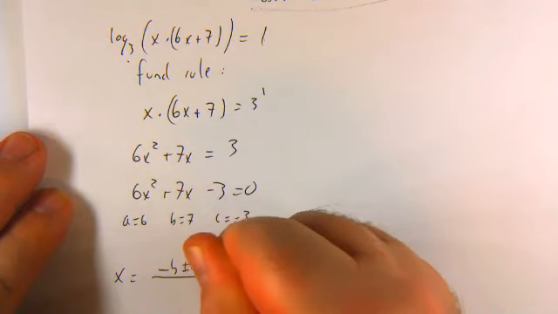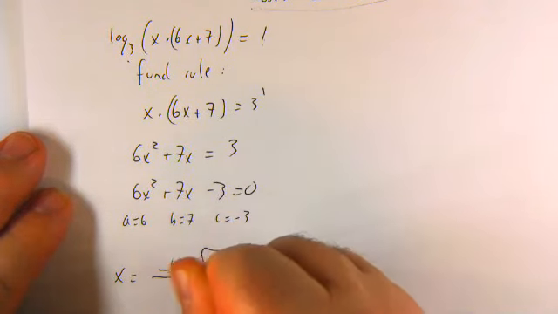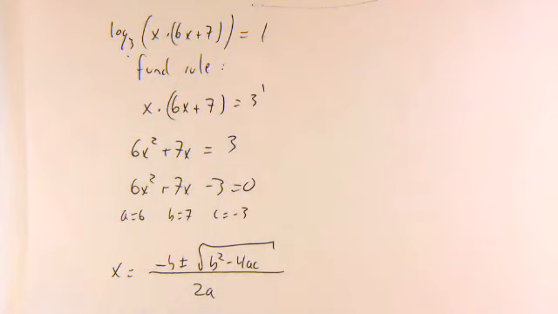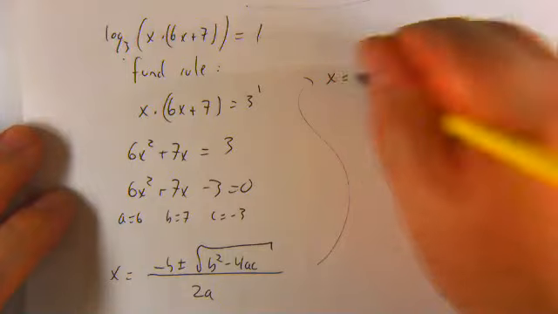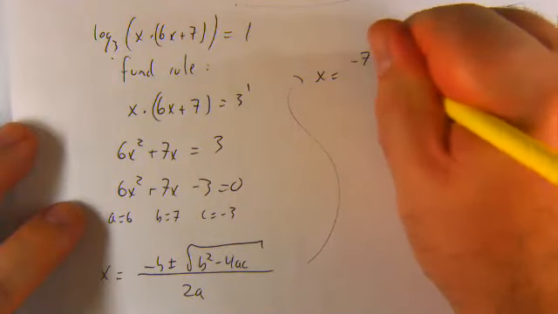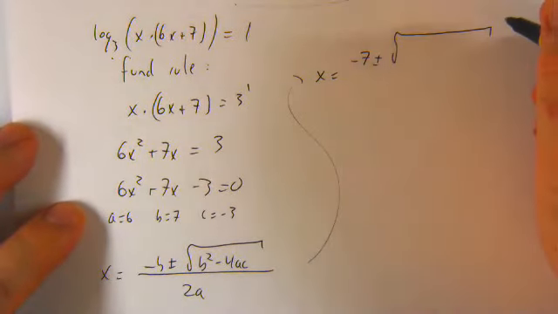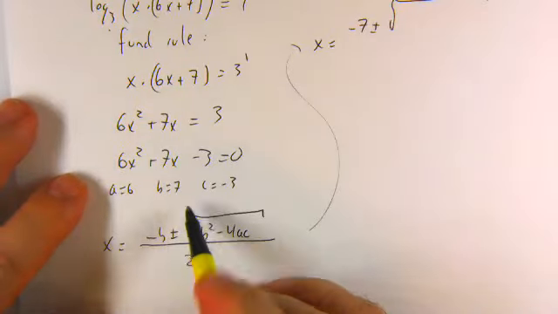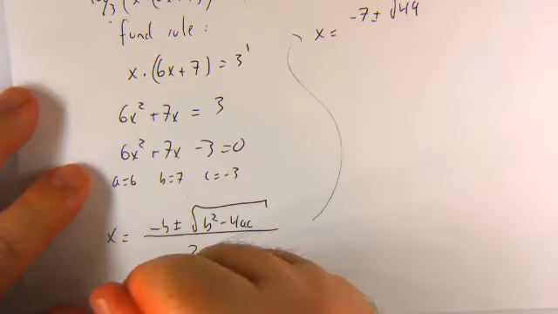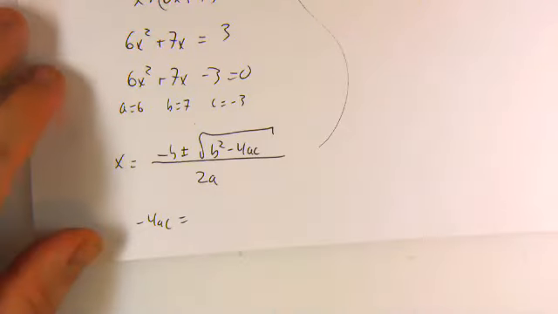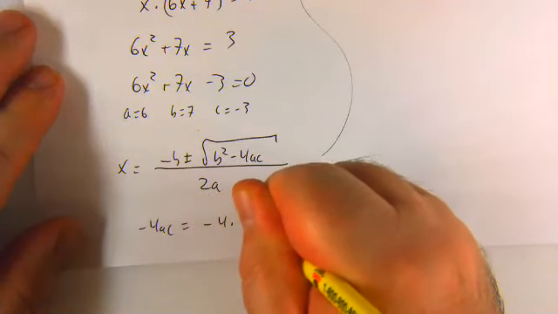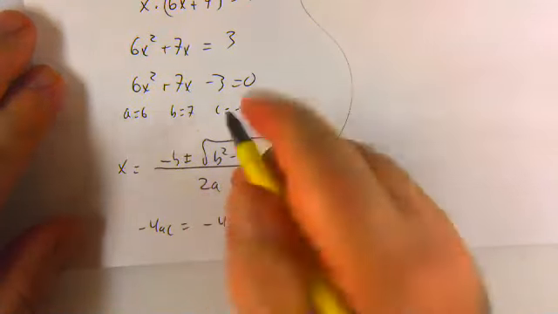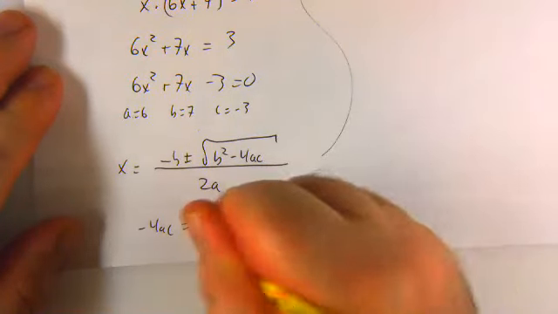x is negative b plus or minus the square root of b squared minus 4ac all over 2a. So there's my quadratic formula. Plugging everything in, we get x equals negative 7 plus or minus the square root of b squared. B squared is 49. Minus 4ac, I'll just do a little side calculation here. That's going to be minus 4 times 6 times minus 3. So the minus signs will cancel out.